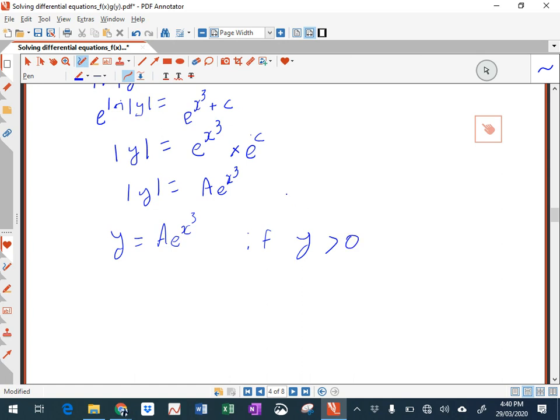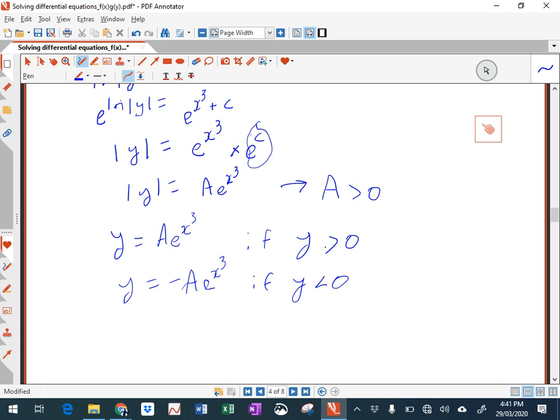And by the way, I should make a qualification over here that a is definitely positive. Why is a positive? Because e to the c is positive. Now, what else could I say? I could say that y equals minus a e to the x cubed if y is less than 0. So that's the negative case.